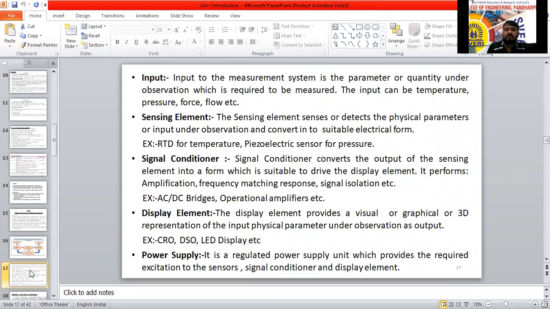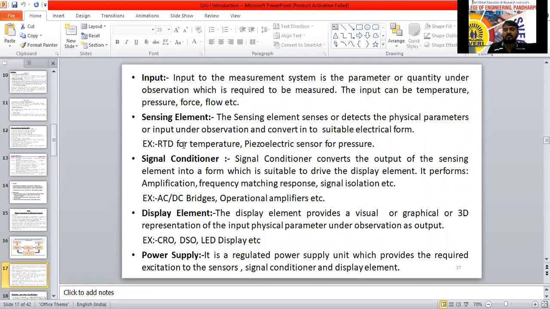Next, that input we have applied is sensed by the sensing element. The sensing element senses or detects the physical parameter under observation and converts it into a suitable electrical form.